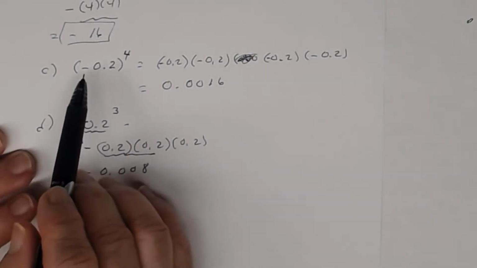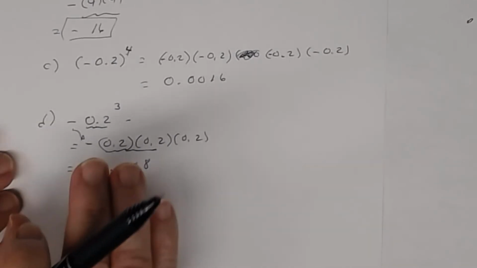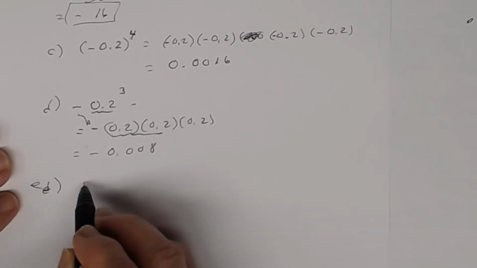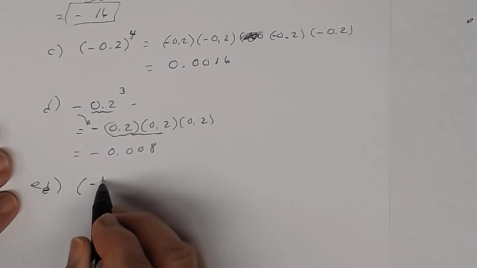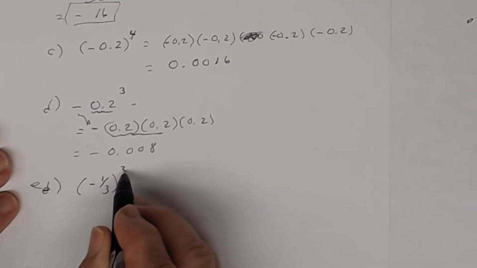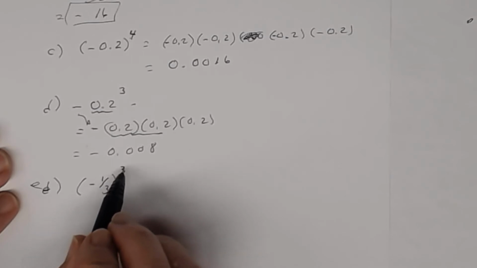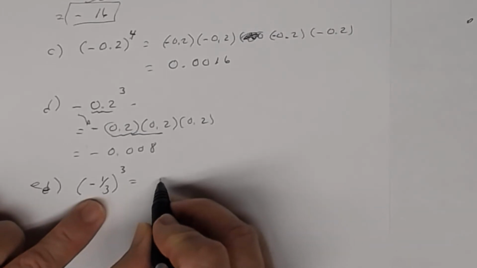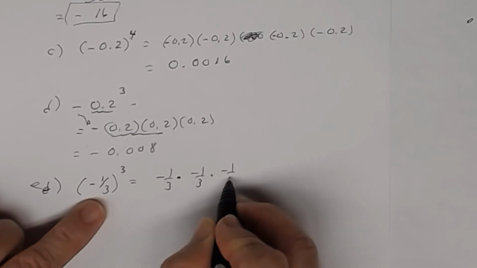Now, remember when I said that any negative number raised to an even power is going to be positive? Don't overgeneralize this. So if I have something like E, and I said, what is negative 1/3 to the third power? Notice I have a negative number raised to a power, right? But that's an odd power, not even. So a negative number raised to an odd power is going to be negative, because your base is negative 1/3, so negative 1/3 times itself 3 times.